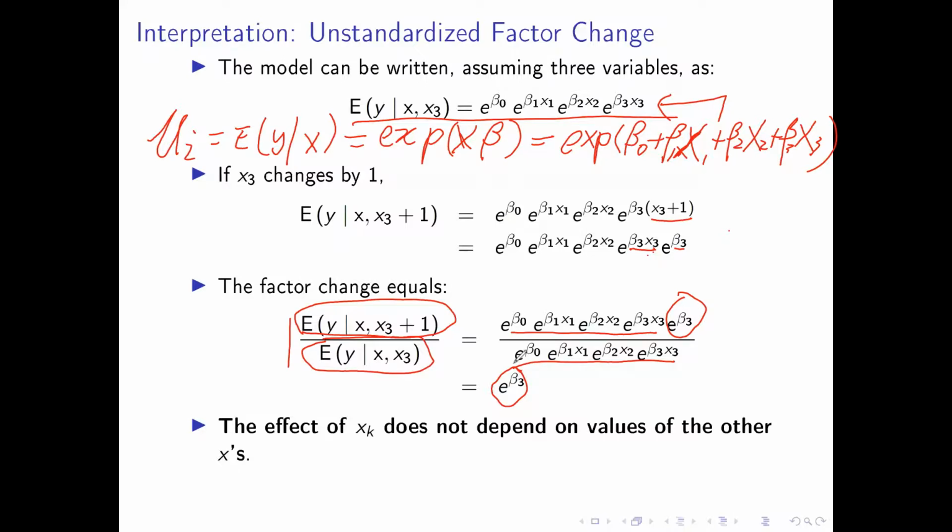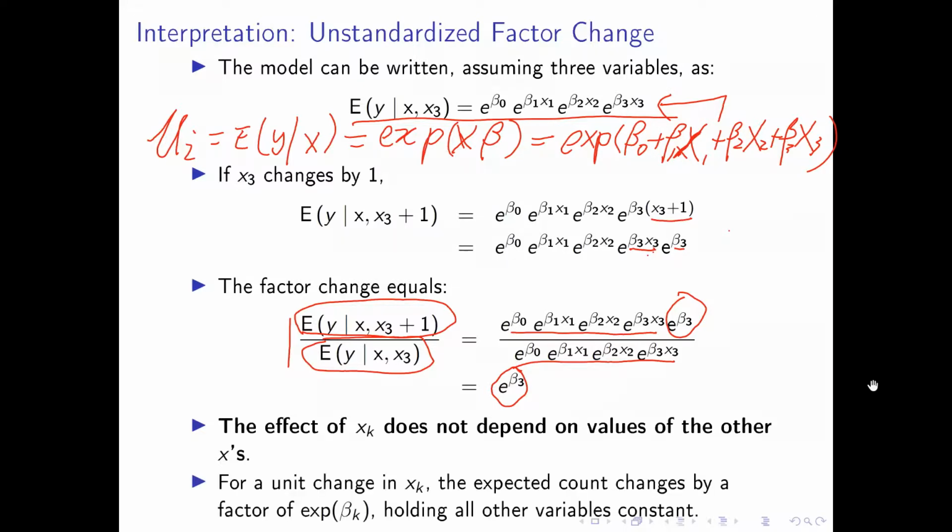So in this case, for each unit increase in x3, because we don't know where x3 starts and we don't know where x3 ends, what we do know is that x3 increases by 1 unit. And the expected count is going to change by a factor of e raised to the power of beta 3. And the factor for xk, in this case x3, does not depend on values of other x's, that is x1 or x2. That's a nice thing about this model.